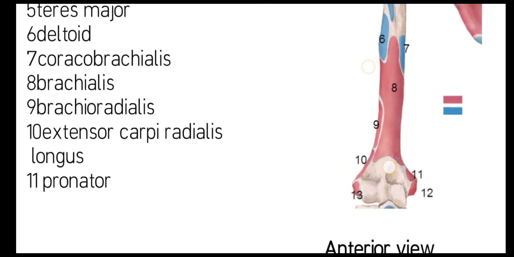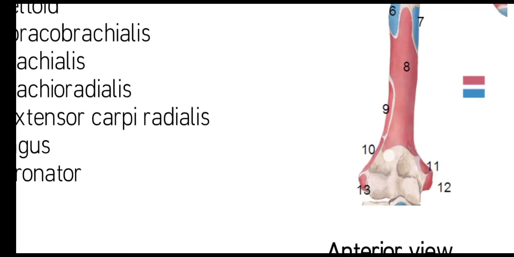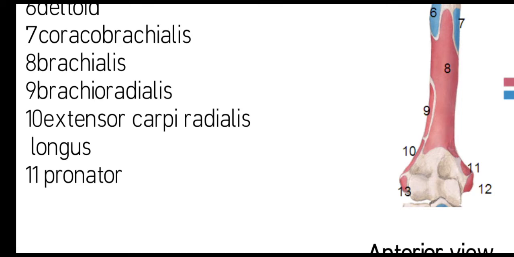Then there is another muscle that originates from the upper part of the lateral supracondylar ridge, that is the brachioradialis.